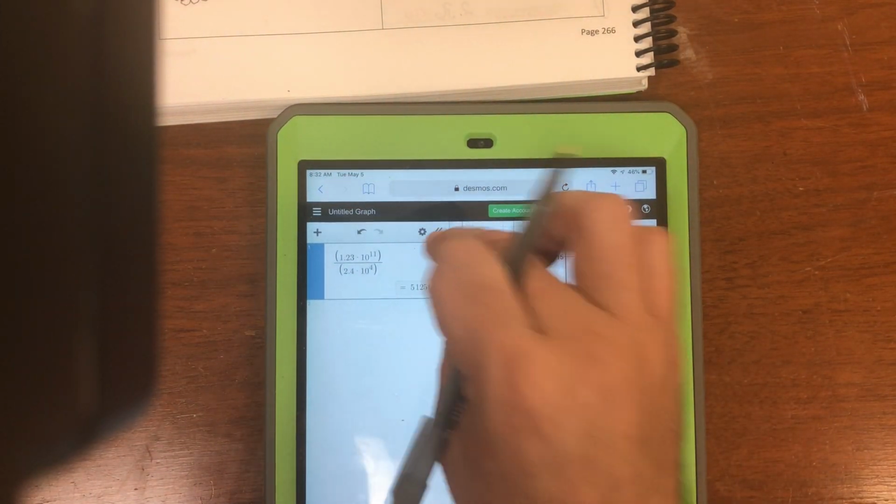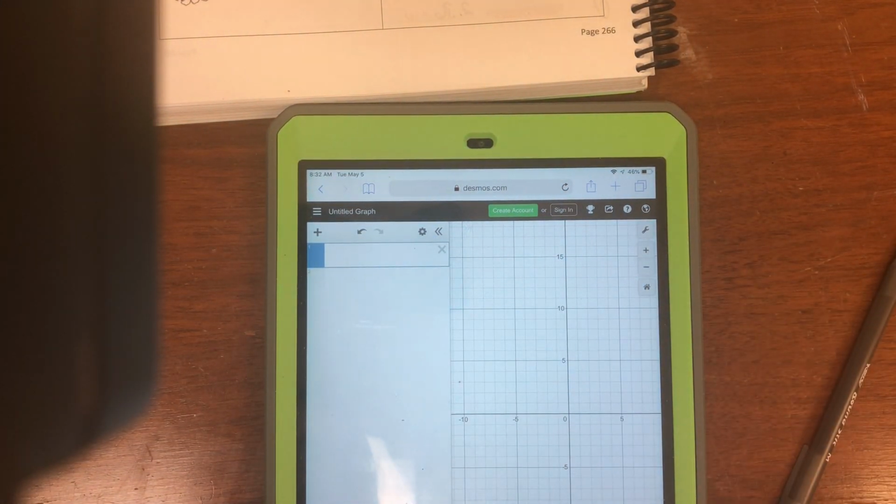And yes, we are doing the quotient rule, we are dividing these two scientific notations. So here we go. 6.4 times 10 to the power of -4. Close your parentheses. Go to the denominator, open up parentheses. 9 times 10 to the power of 6.